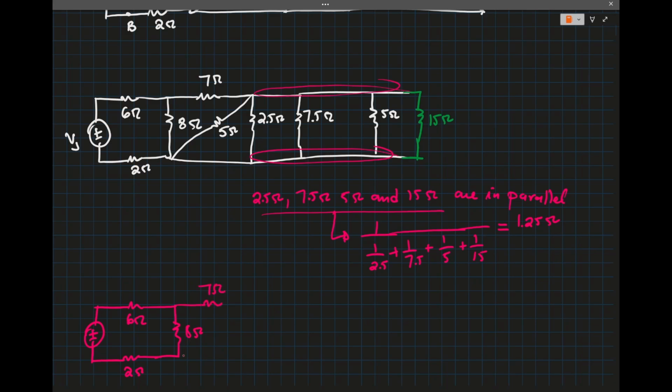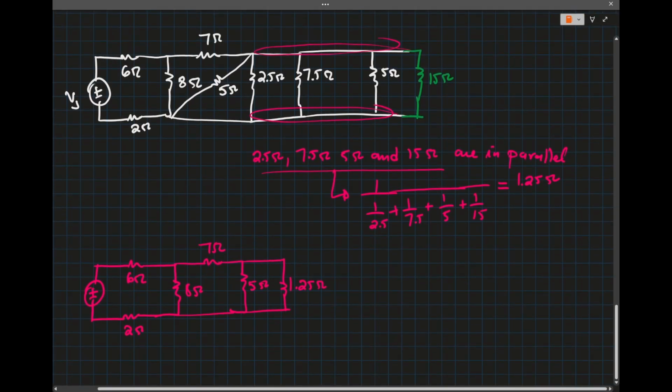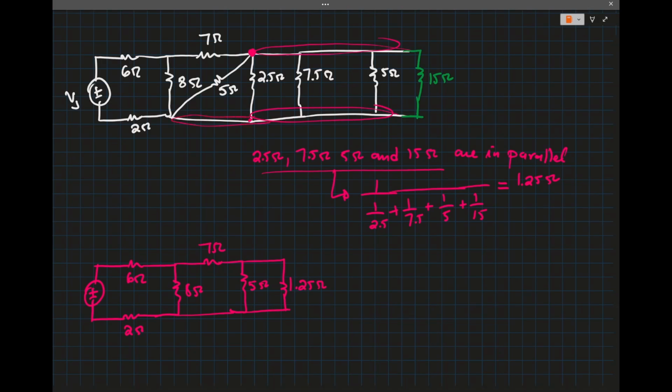And then if you agree with me, see that the 5 ohms is now in parallel with the 1.25 ohms that we calculated, right? Because they share this node and that node.